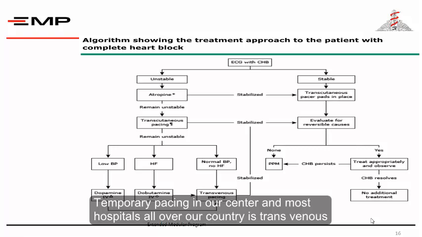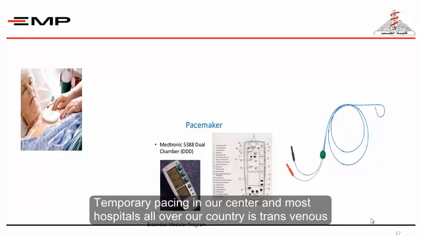If, until you arrange for pacemaker implantation, the patient remains unstable and has low blood pressure, you can give intravenous dopamine. If he has heart failure, intravenous dobutamine may help. If normal blood pressure and no heart failure, you go directly to a transvenous temporary pacemaker until the permanent pacemaker is implanted.